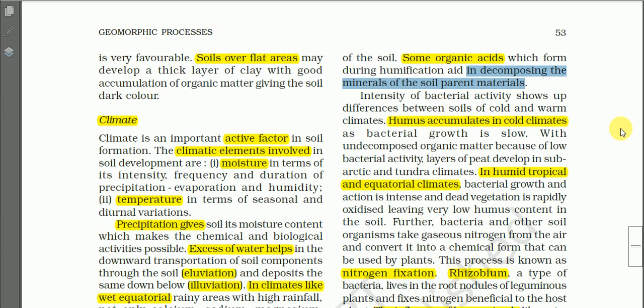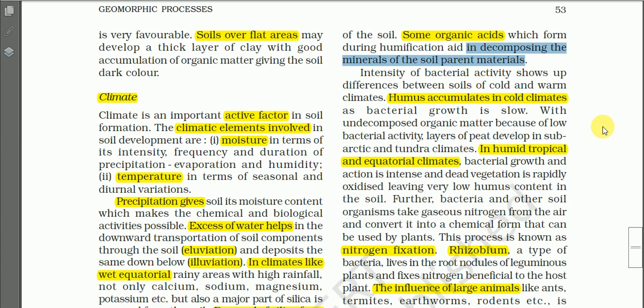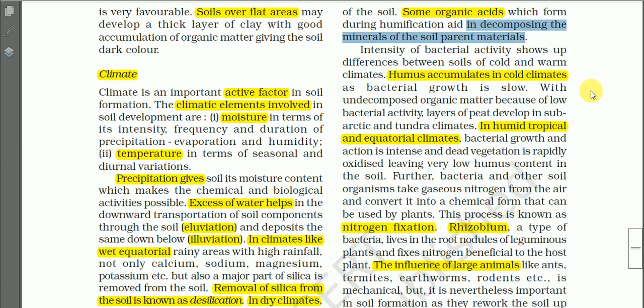That means some plants like mosses, lichens, and some organisms secrete, release some organic acids, and that also leads to further decomposition of the materials, including the rocks. That is the point mentioned here.